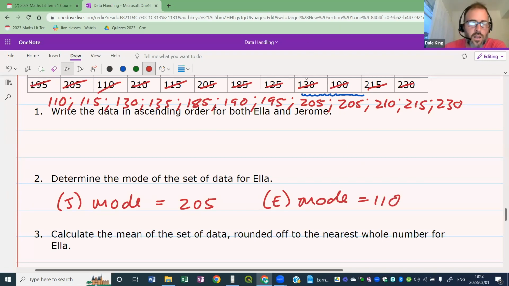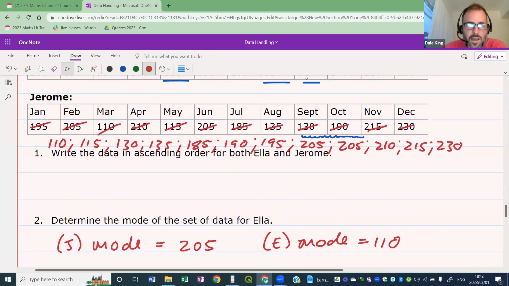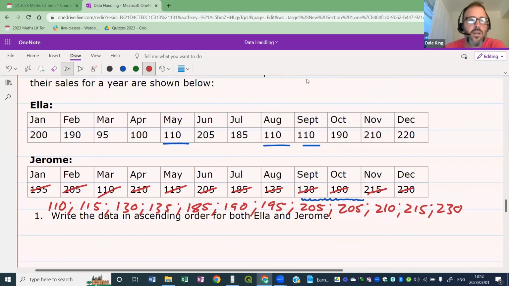Okay, calculate the mean of the set of data, rounded off to the nearest, for Ella. All right, so I'll show you Ella's data.